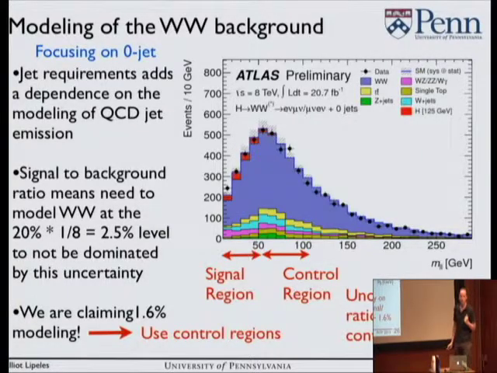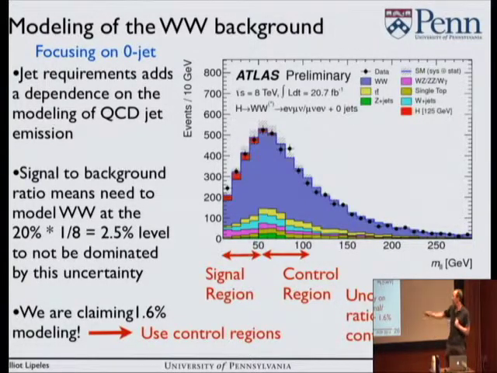As it turns out, right now in our document, we claim that we're doing this to 1.6%. And the way we get that is by using control regions. The control regions look like this: I divide my data up. I have this MLL distribution, and I say, okay, I'm going to take the data in this region, and I'm not going to try to calculate how much shows up in this triangle.